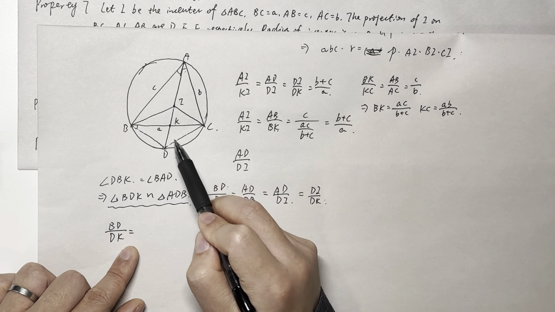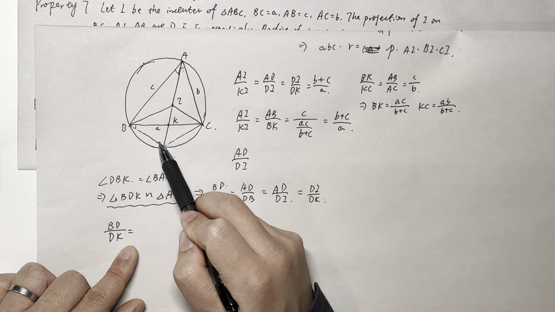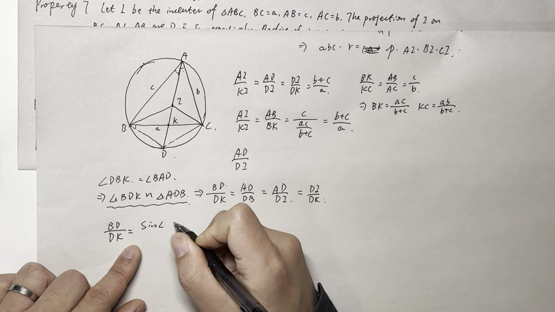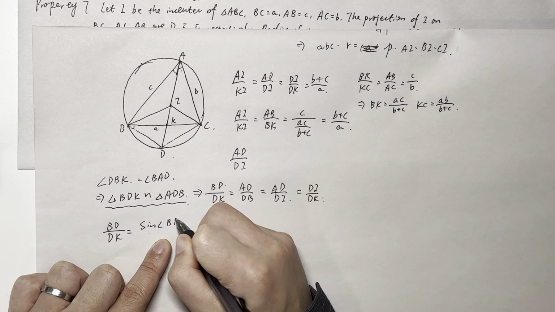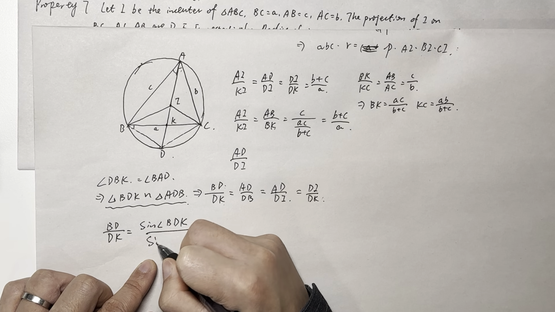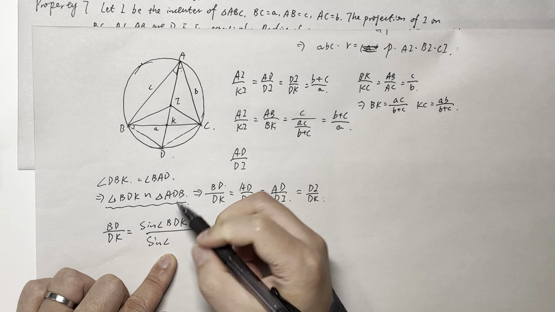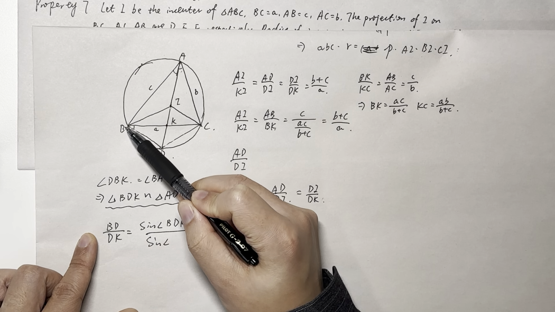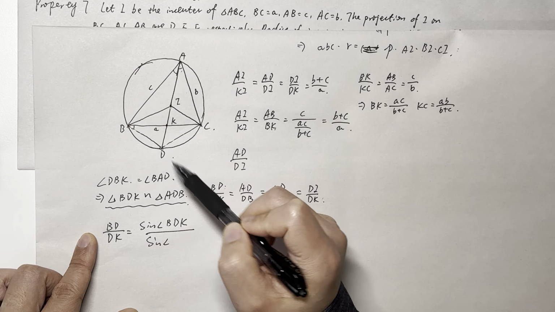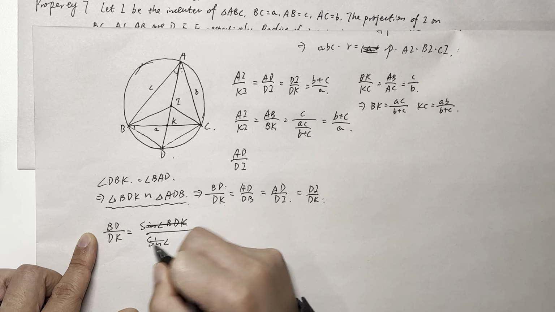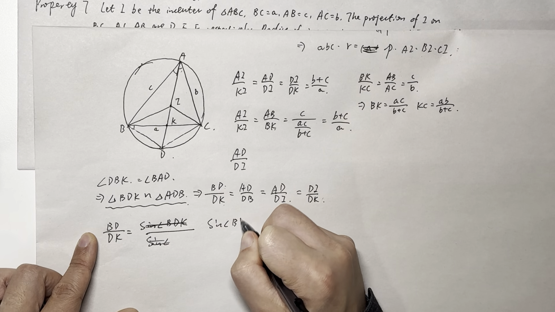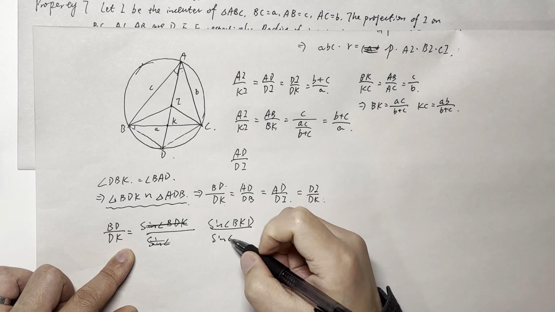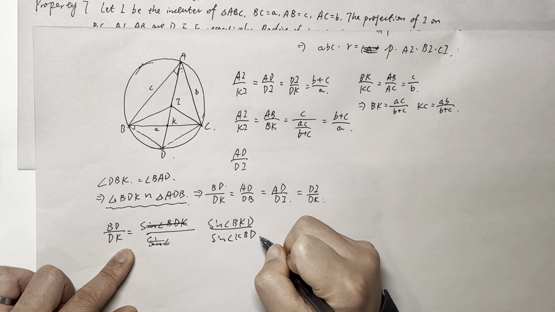BD to DK equals sine of this angle, sine angle BKD to sine angle KBD, right?